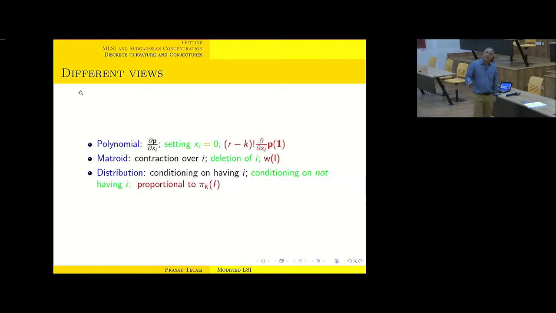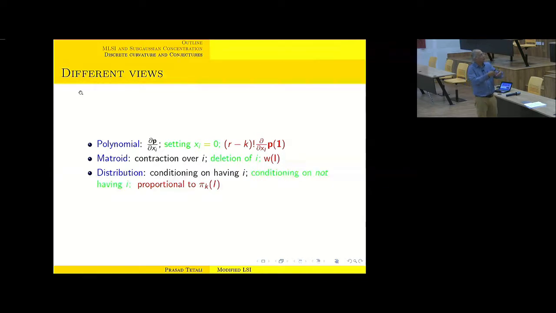Taking a partial with respect to variable xi is equivalent to setting that variable xi equals 0 in the, sorry, I just violated. I should go black, black, black. Is equivalent to contraction of that element.